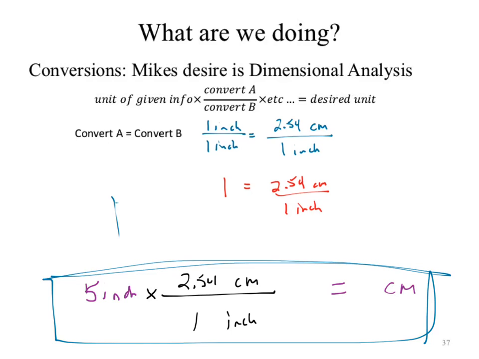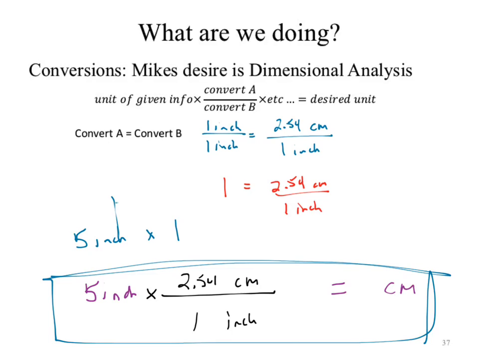Well, what is 2.54 centimeters? 1 inch. Do I change the meaning of 5 inches by multiplying by 1? The value, no, I don't. But instead of multiplying by 1, I multiply by this thing that I know to be equal to 1. I again don't change the meaning, but I can change the unit. I can change the system by which we measure that meaning.